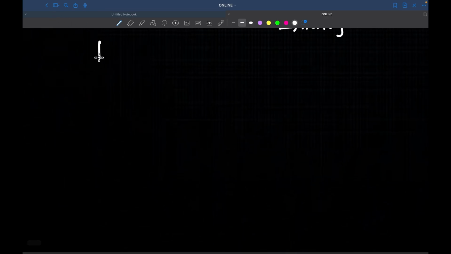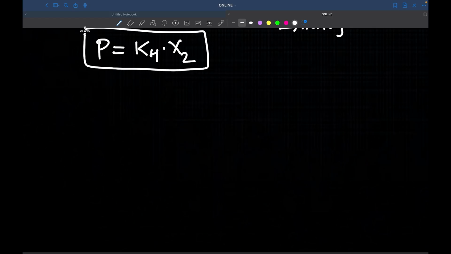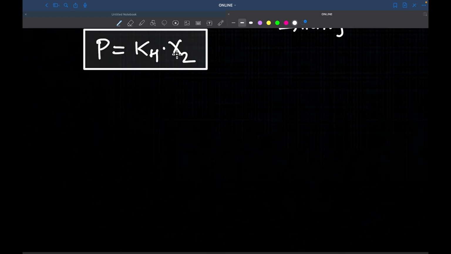So we have got P equals to KH into X2. So this is the Henry's equation. So P is the partial pressure, X2 is the mole fraction of the gas and KH is the Henry's constant.